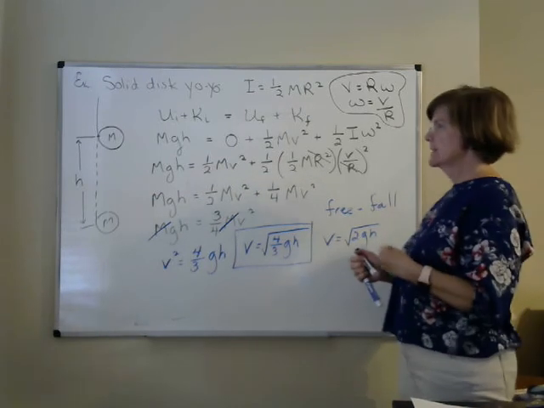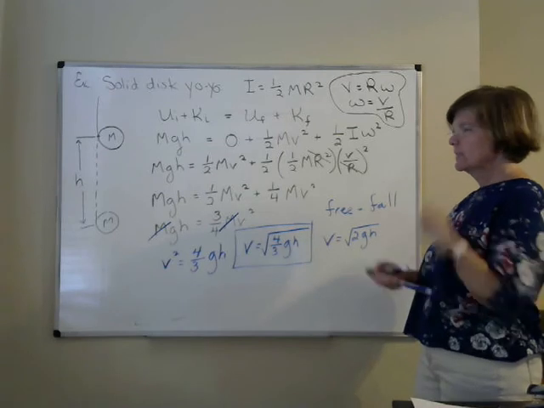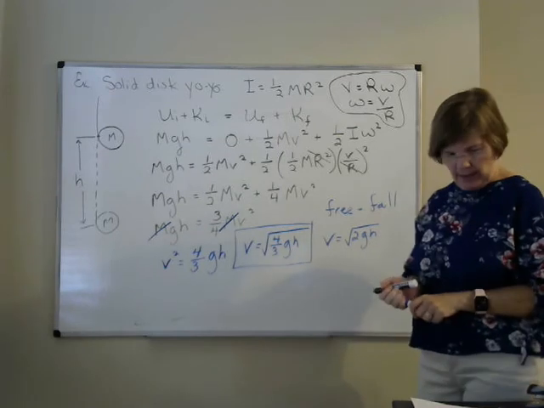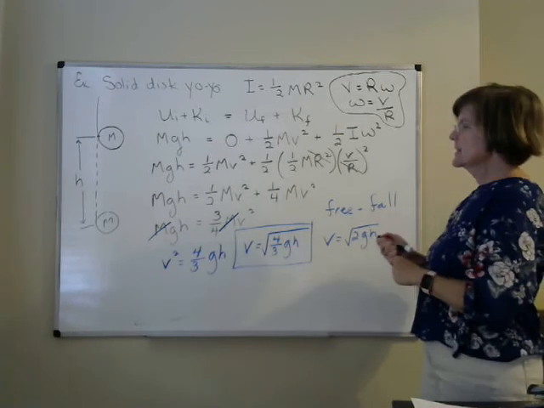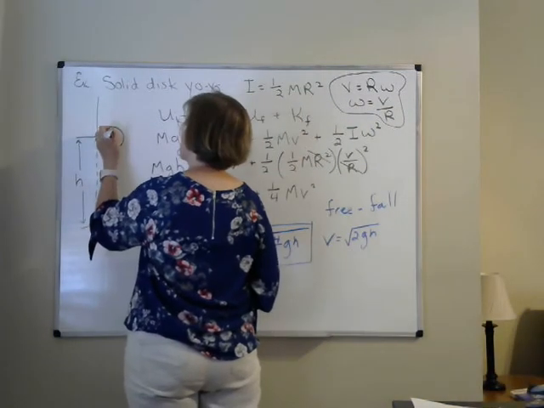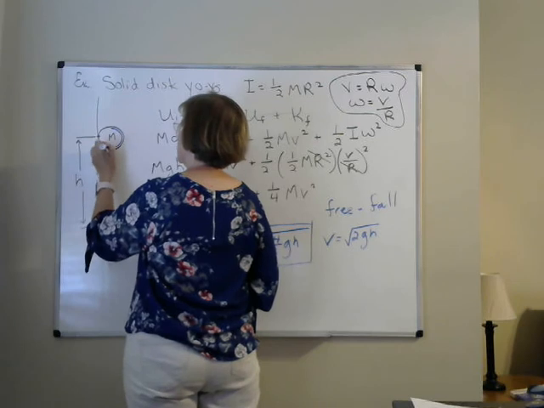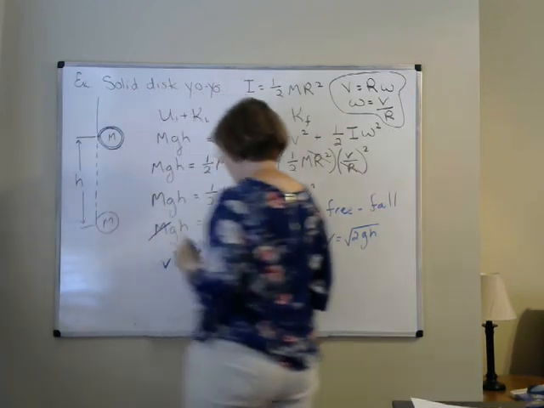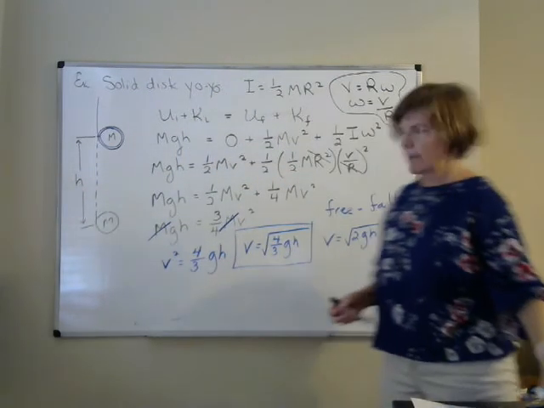If we did this same identical problem, in fact, let's do the same identical problem, but instead we make the cylinder hollow. So now instead of having the solid disc, we have a hollow disc. I switched to the blue because the blue is a better marker.